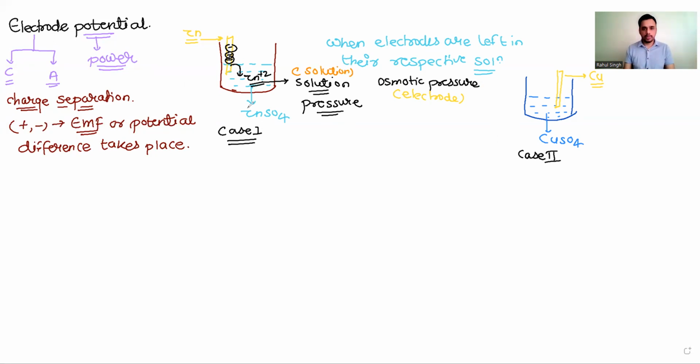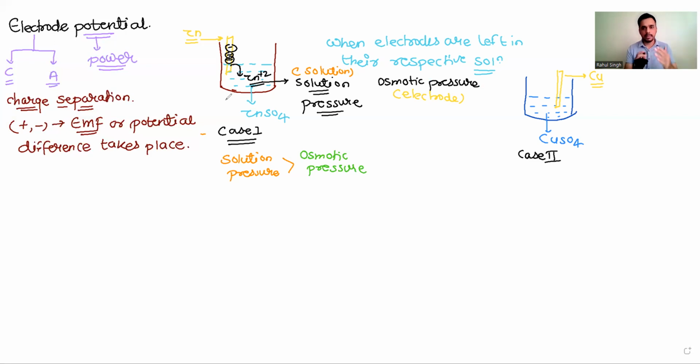Now in this case, suppose the solution pressure is greater than the osmotic pressure. What is happening here? Zinc is getting oxidized, meaning the weight of the zinc is decreasing.